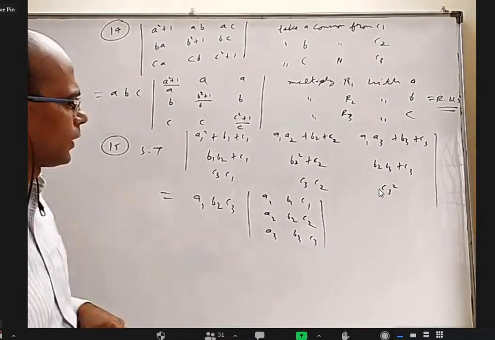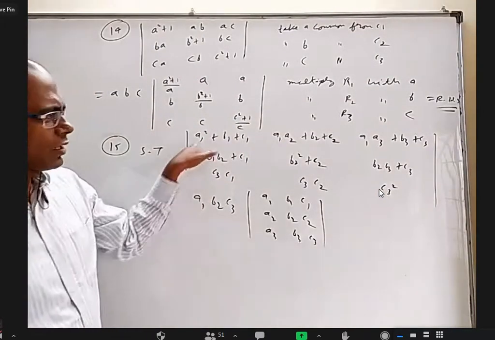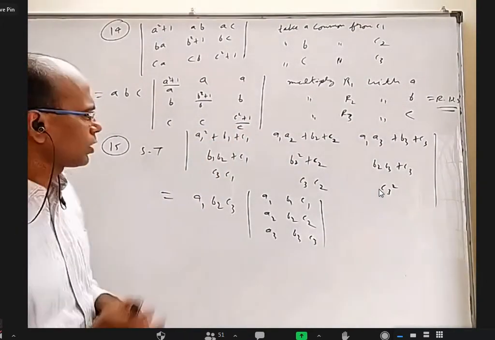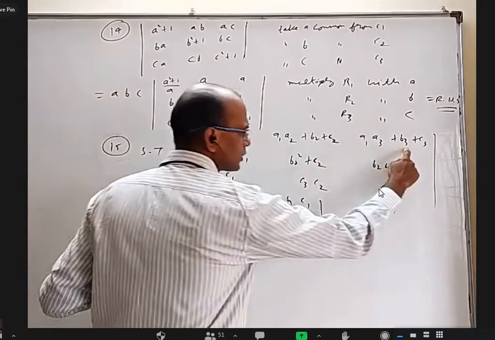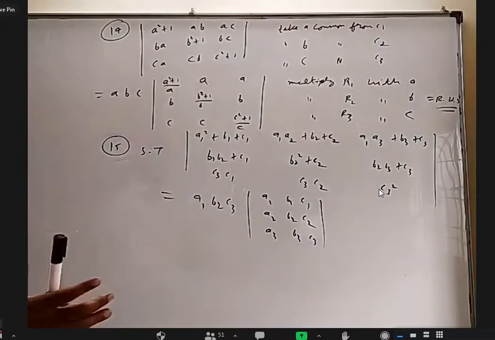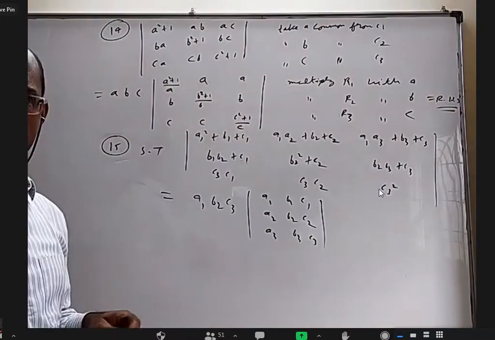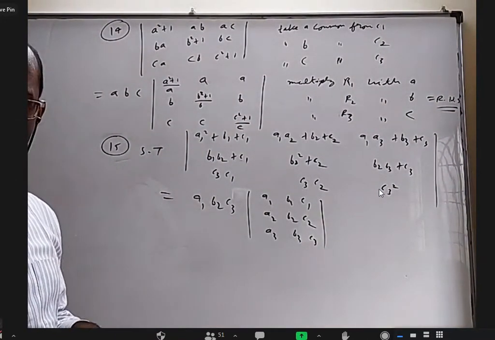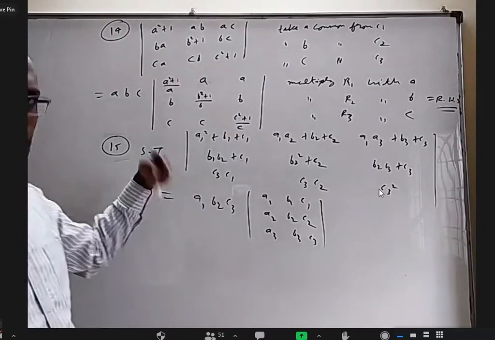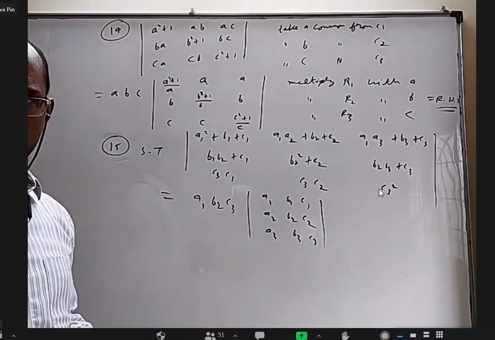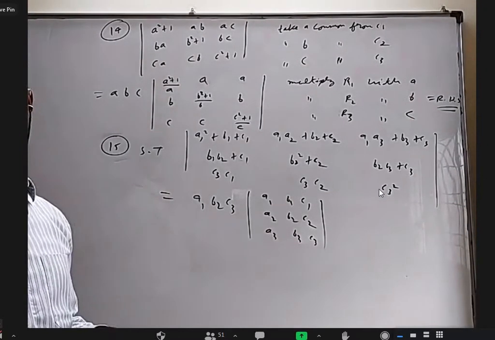Okay, all right, fine. See, you cannot directly take A1 common in the first row because you have to divide by A1 here, here, here, and everywhere else also, right? Yes, sir. After taking C3 common from the third row, you subtract it from the second row, right? Yes, sir.